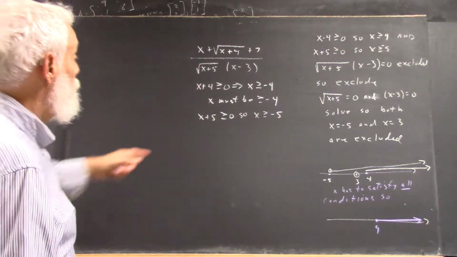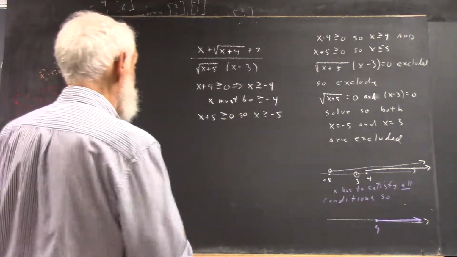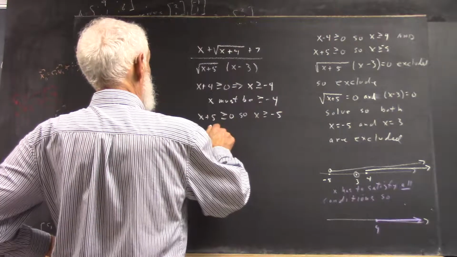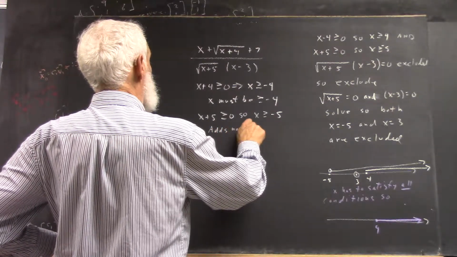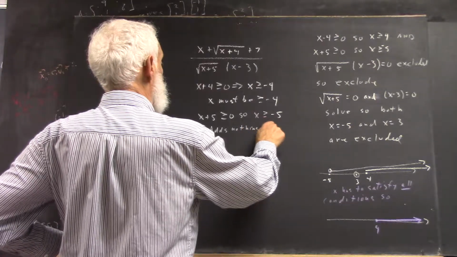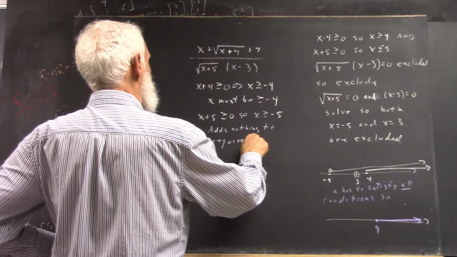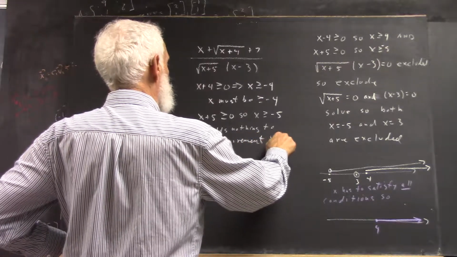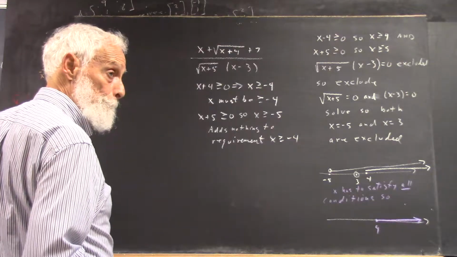But it's already got to be greater than negative 4, right? So this adds nothing to the requirement x greater than or equal to negative 4.